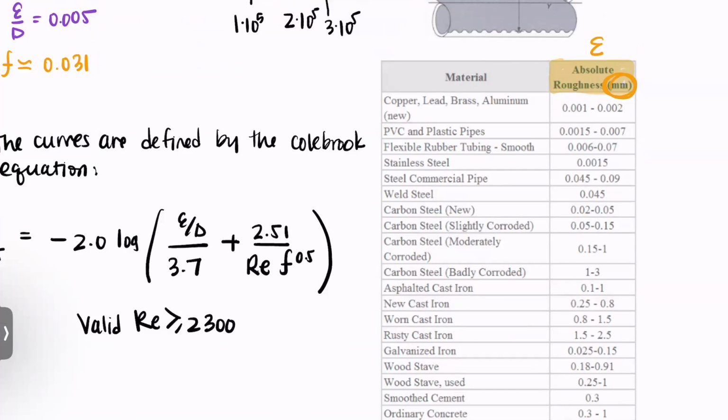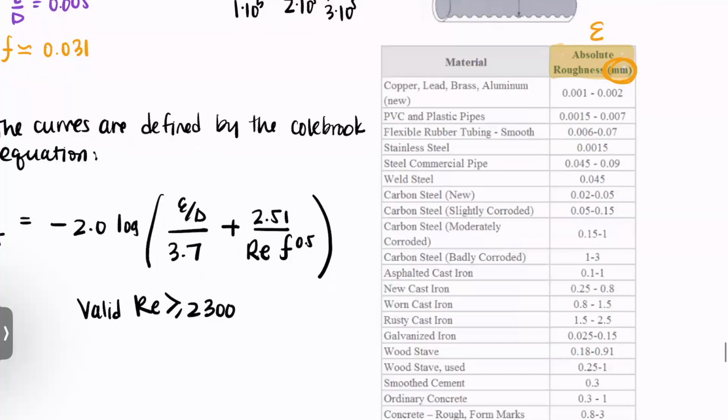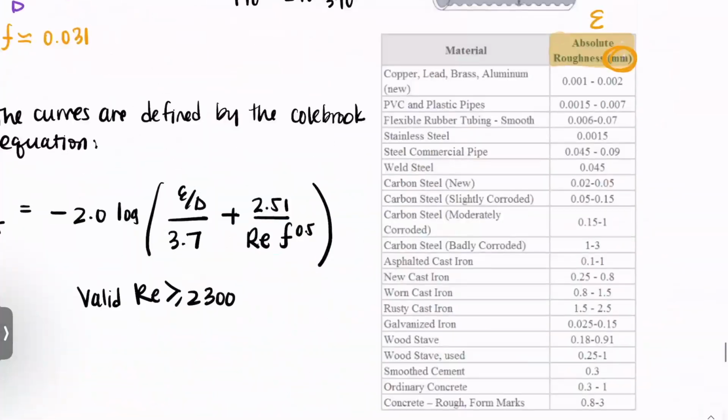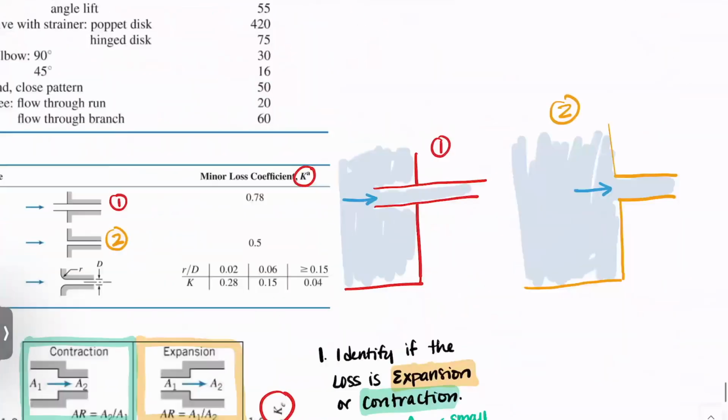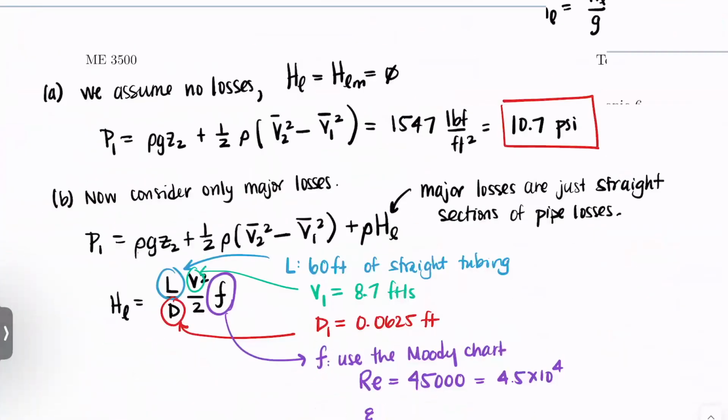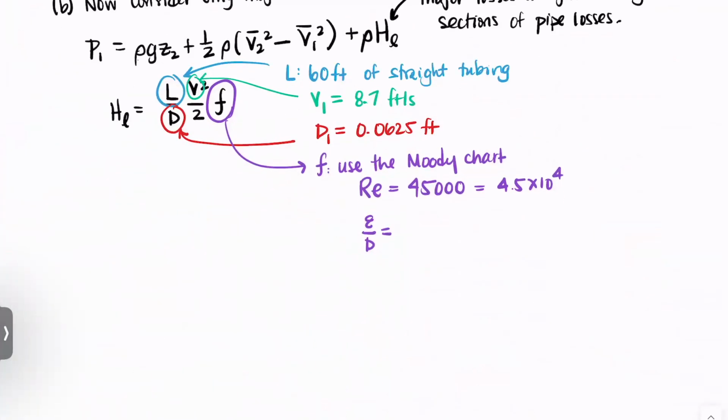I don't see the drawn copper on here. There are many tables that are similar to this. I'll just make a note that I got this from a table that's not in the notes.